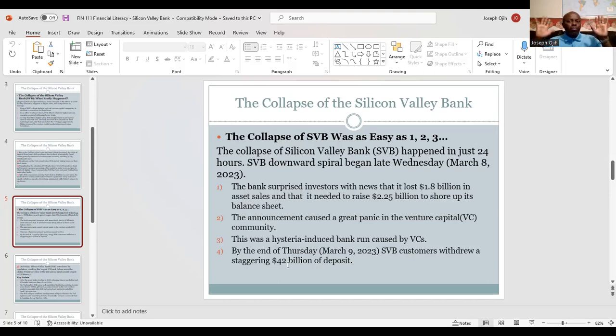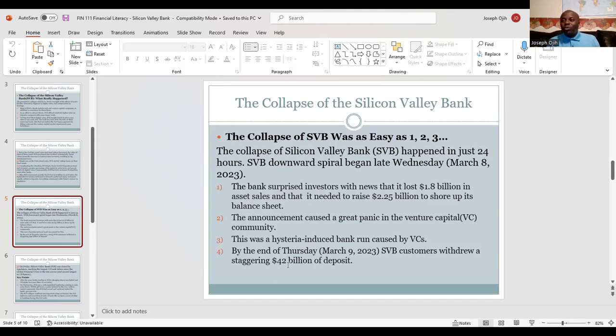So it was a big panic. People started to withdraw their money. By the end of Thursday, March 9th, customers had withdrawn a staggering $42 billion of deposits.